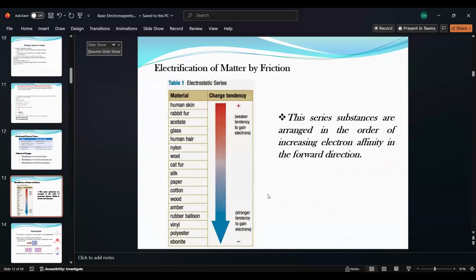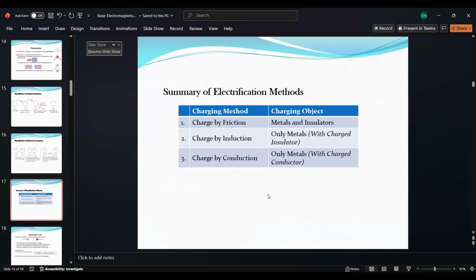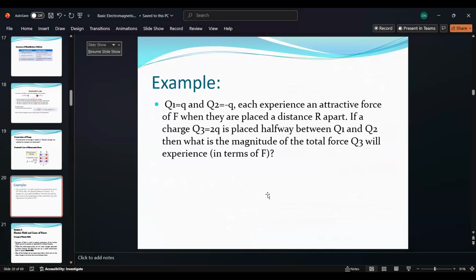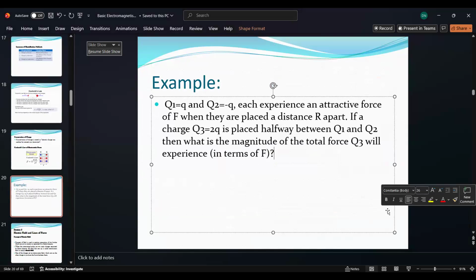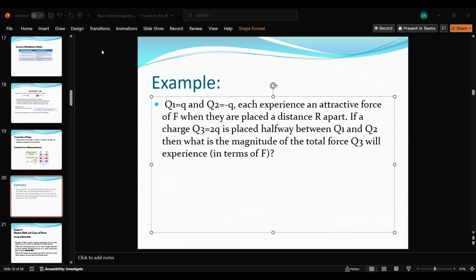The one question I want to discuss is about the electric field.